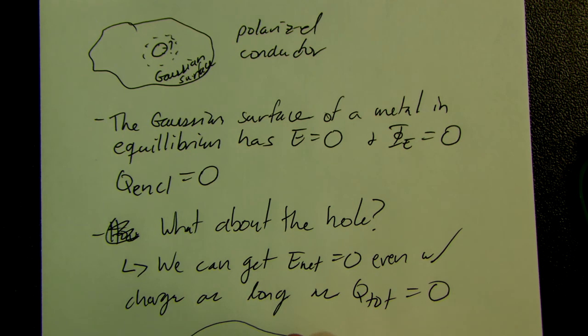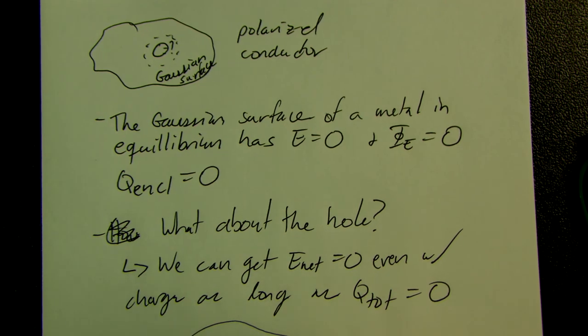So we could draw another picture, and let's say that there's some positive and some negative. We could do perhaps A, B, C, D, and take different paths going around. And what we'd see is no matter what path we would take, we're still going to pass through the metal where E is equal to 0.